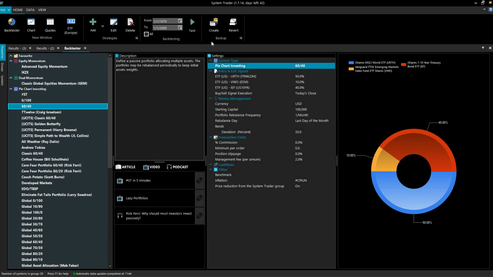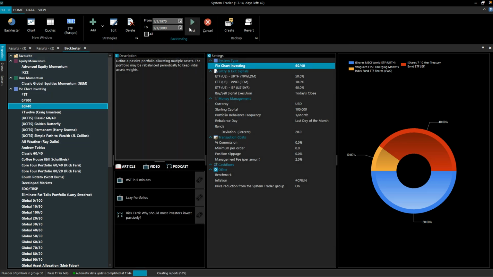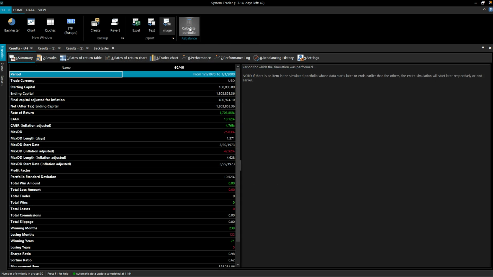So let's save it and run the simulation and see what happens. Boom. Now we have 1.8 versus over $3 million when we don't have any fees. So basically, after decades, fees can consume even more than 50% of your capital. They are really very dangerous.